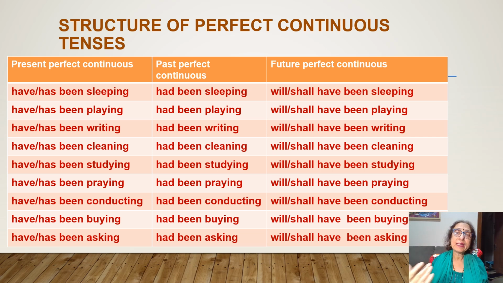If you can make a similar chart with hundreds of verbs which you know, then you will find that you never make mistakes in the use of verbs at all. The maximum mistakes we find are in the use of the correct tense of the verb. This is where maximum mistakes come. So please be very careful. And once you know the structures, it becomes that much easier.